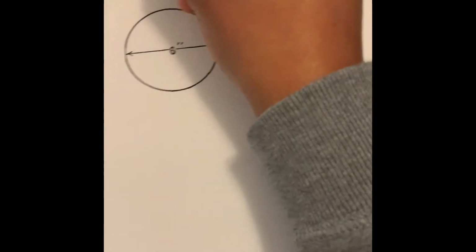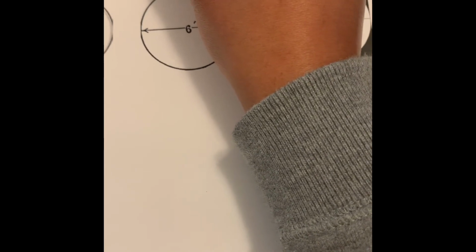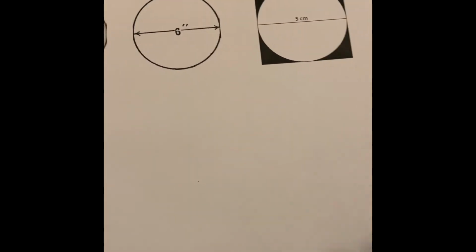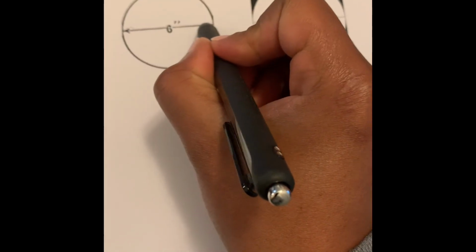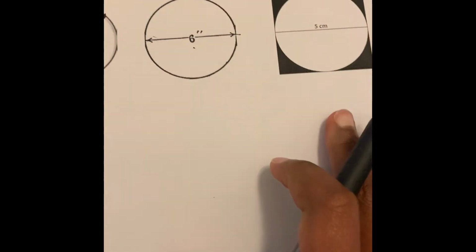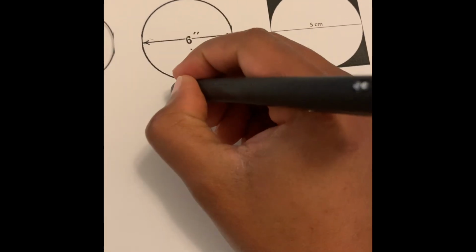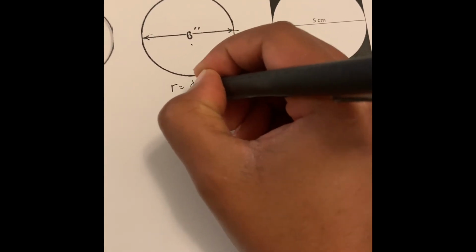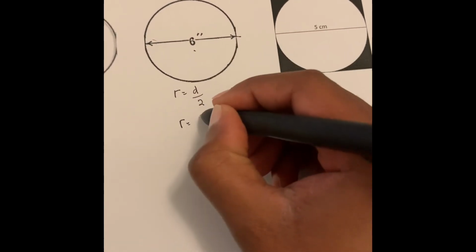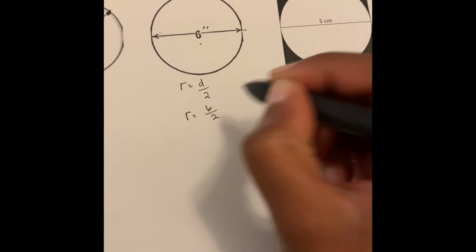Example 2. My diameter is 6 because it goes all the way across. It tells me 6 is the measurement. If I use my formula, R is equal to diameter divided by 2. R is equal to 6 divided by 2.